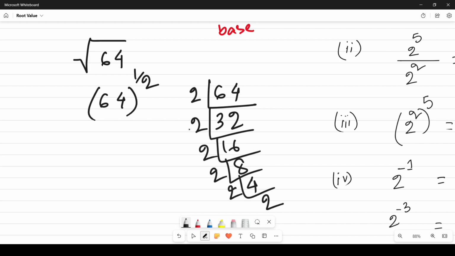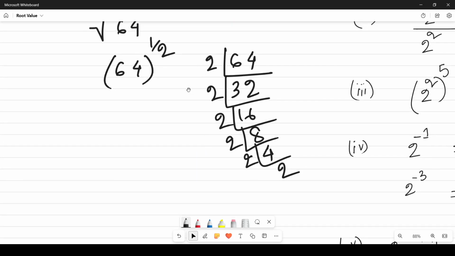This is what we get, right? So how many 2's do we have? 1, 2, 3, 4, 5, 6. So we can write 64 as 2 to the power 6. Why? Because if we multiply 2 six times, then we get 64.